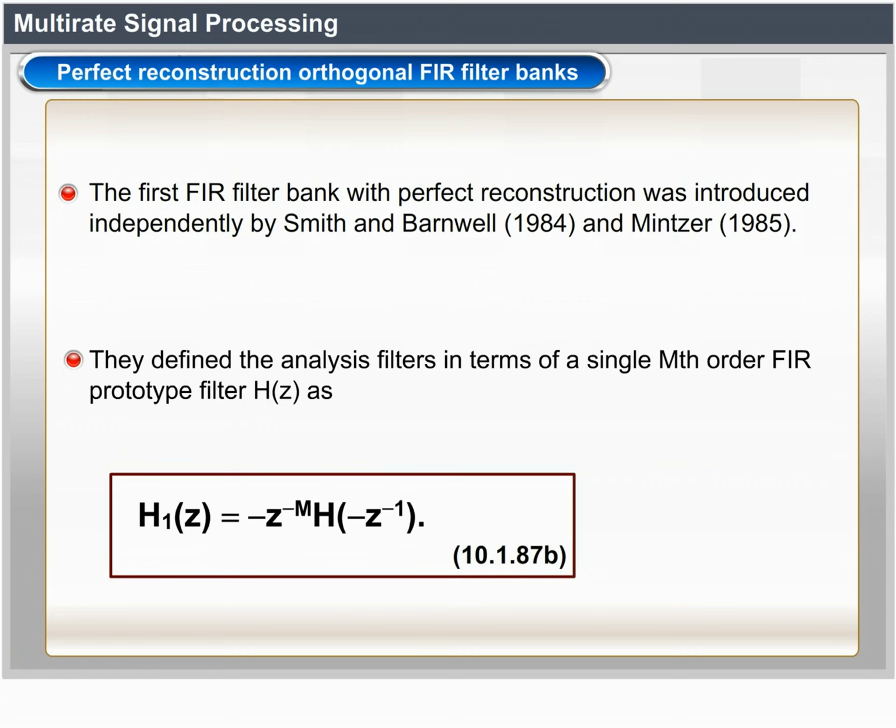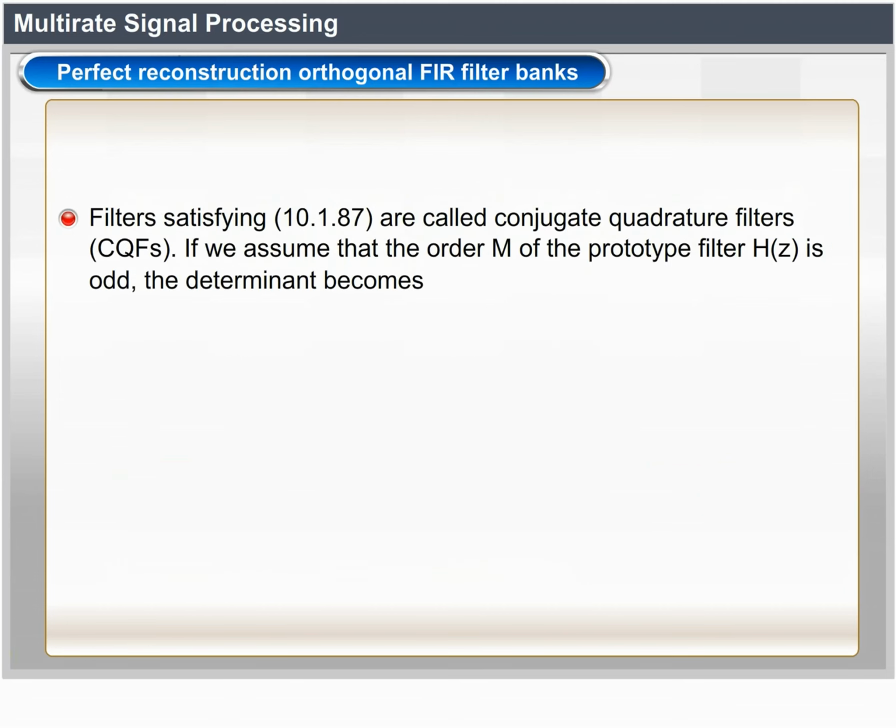Filters satisfying 10.1.87 are called conjugate quadrature filters, CQFs, if we assume that the order M of the prototype filter H(z) is odd.